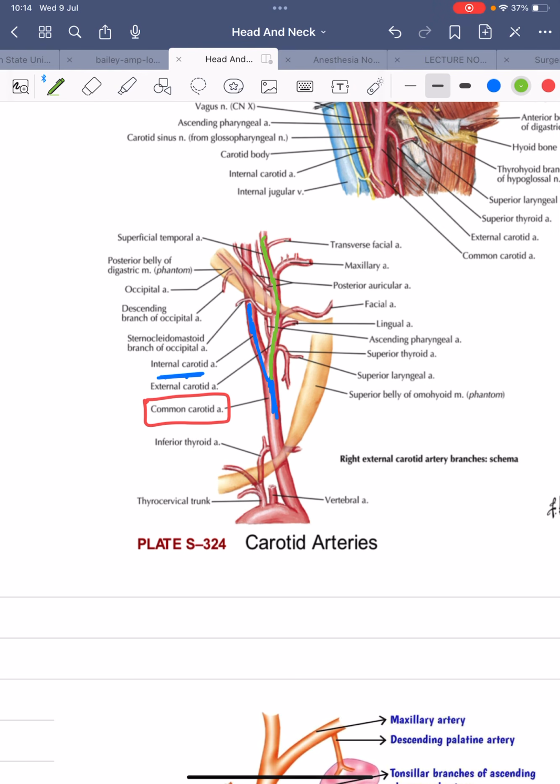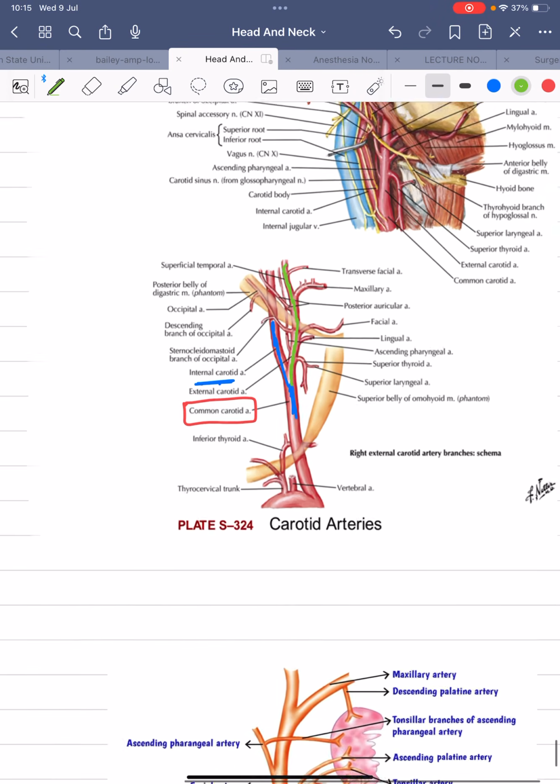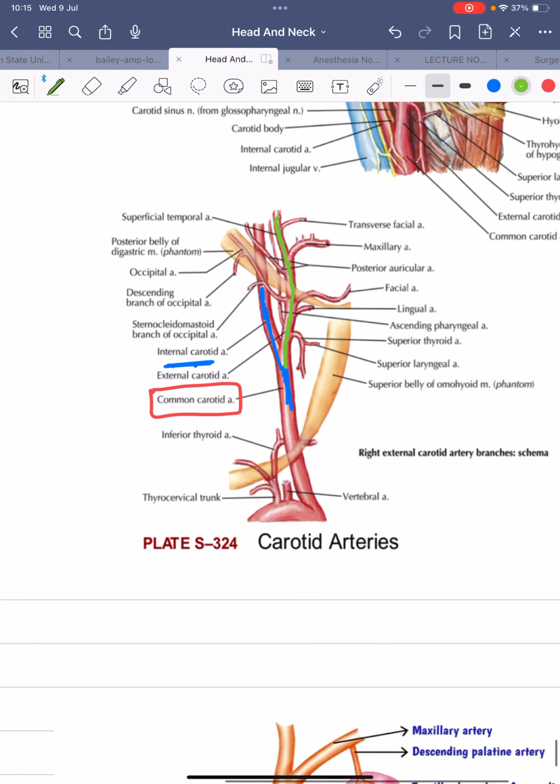So what are the branches of the external carotid artery? See here. This is the first branch coming out from the external carotid artery: the superior thyroid artery. The second branch is the lingual artery.